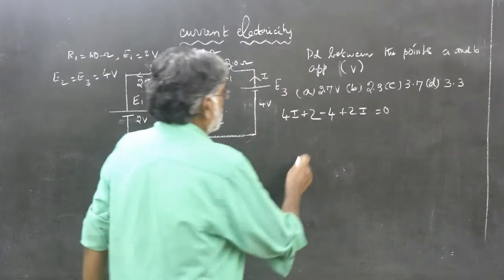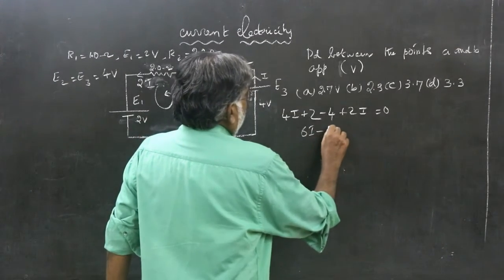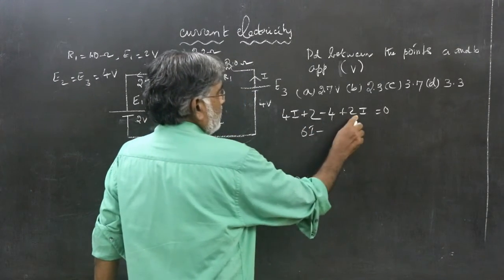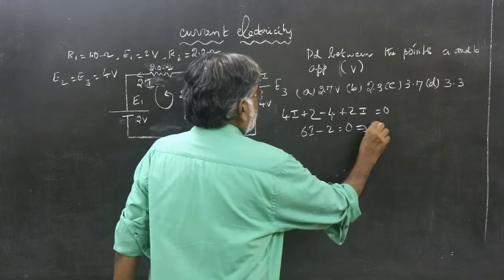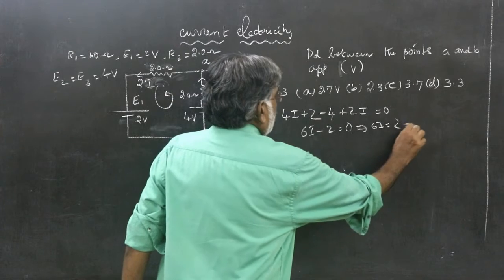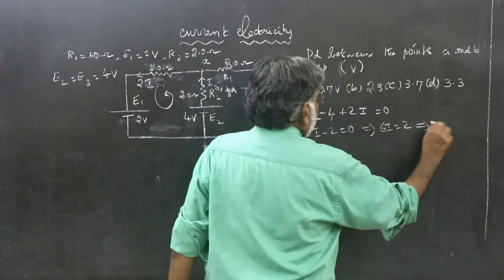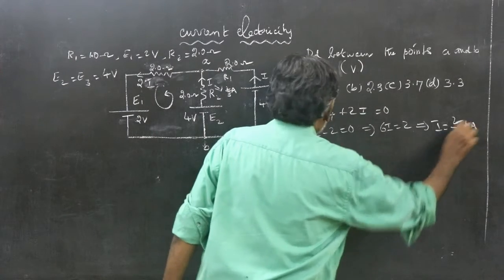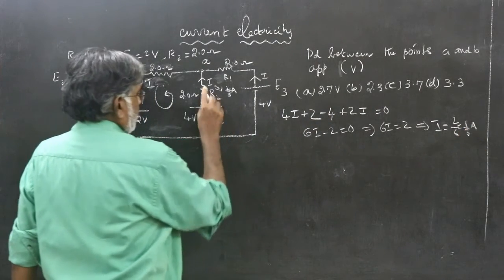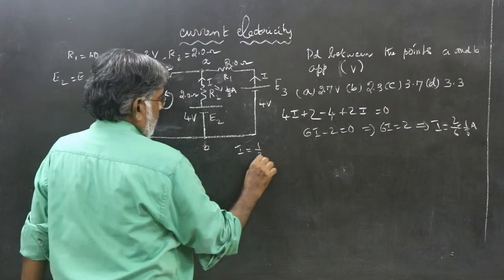So here you get 6I, 4I plus 2I, 6I, 2 minus 4 is minus 2, which gives you 6I is 2, which gives you I is 2 by 6, which is 1 by 3 ampere. So the value of the current I is 1 by 3 ampere.